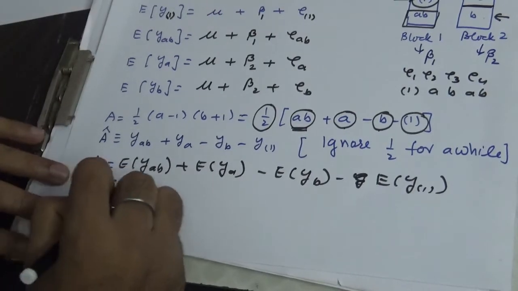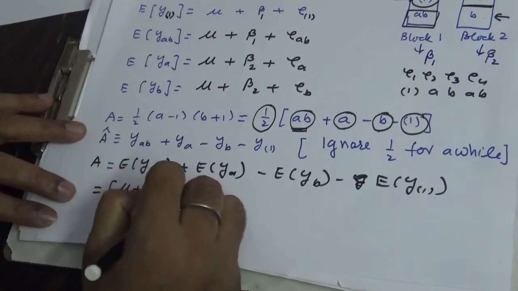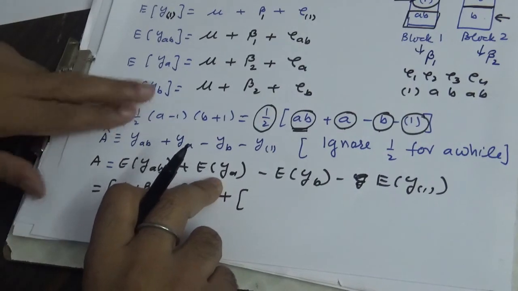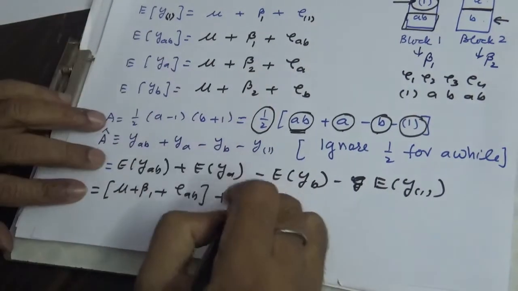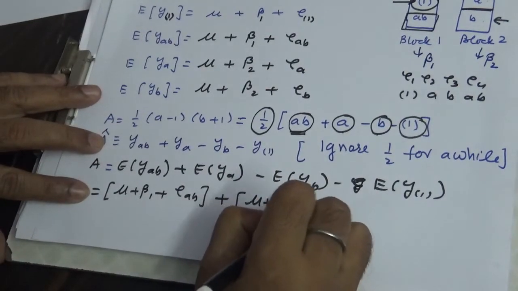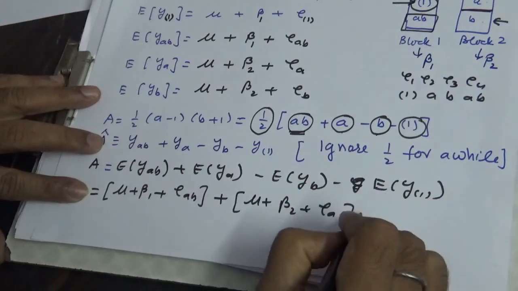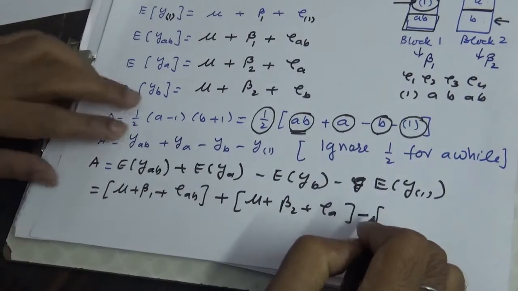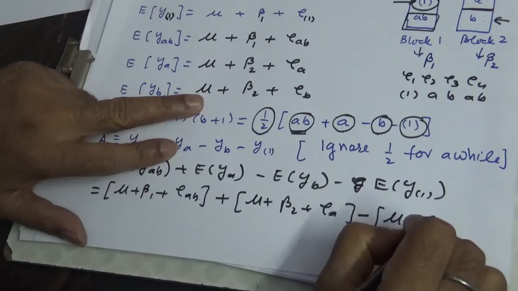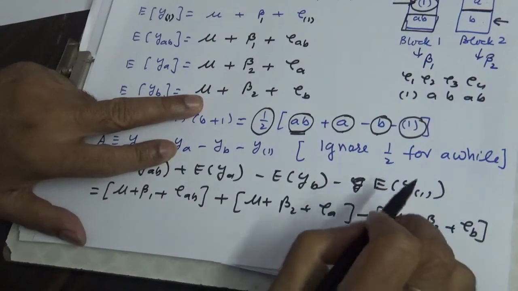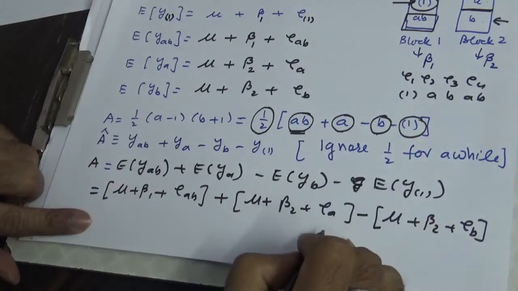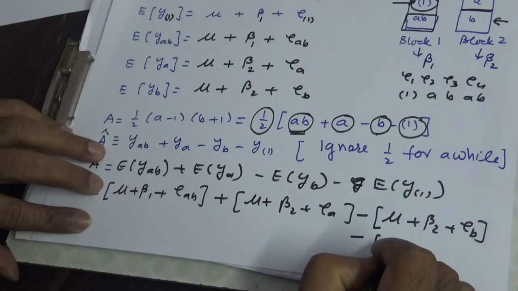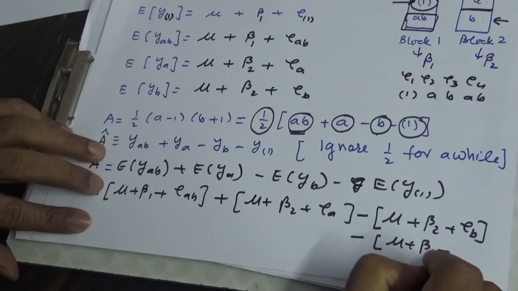So I can write down here, this is mu plus beta 1 plus tau AB, plus expected value of YA, which is given by mu plus beta 2 plus tau A. And minus expected value of YB, so this becomes expected YB given by mu plus beta 2 plus tau B. And finally minus expected value of Y1, which is mu plus beta 1 plus tau 1.